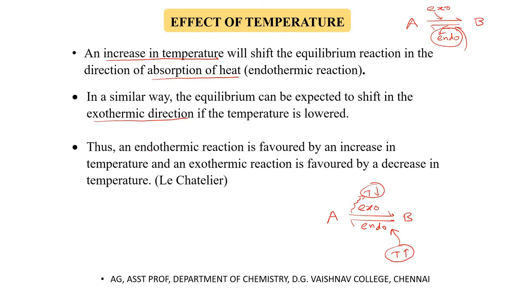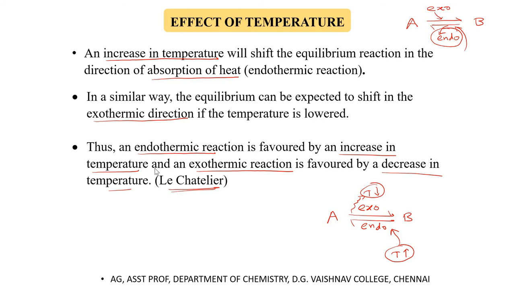An endothermic reaction, endothermic means absorbs heat, is favored by an increase in temperature. If you increase temperature, the endothermic reaction is favored, and an exothermic reaction is favored by a decrease in temperature. This qualitative explanation was given by Le Chatelier. This is Le Chatelier's explanation for the effect of temperature on equilibrium.